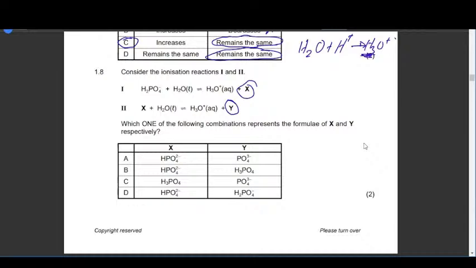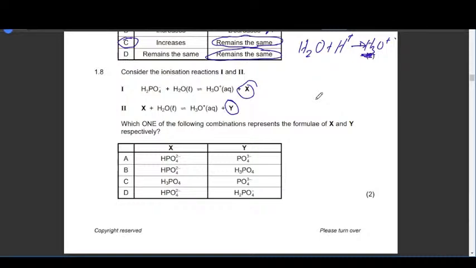So if it is like this, this is diprotic. It will ionize to give one hydrogen to the solution, and then that hydrogen is going to react with water to form hydronium ion. That's why you have this hydronium ion here, then plus that species.